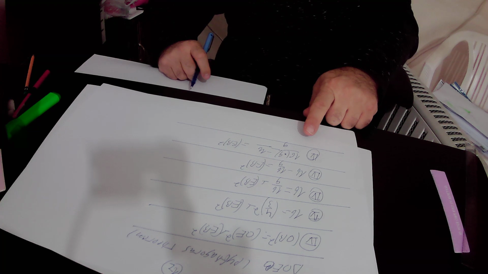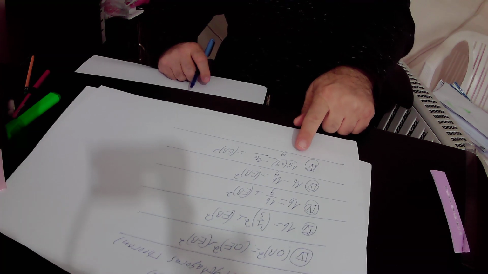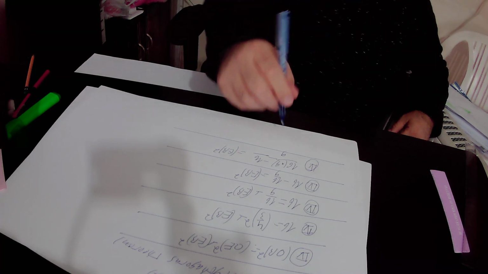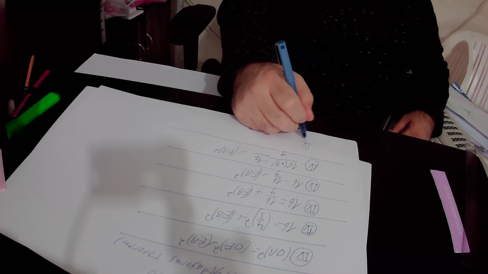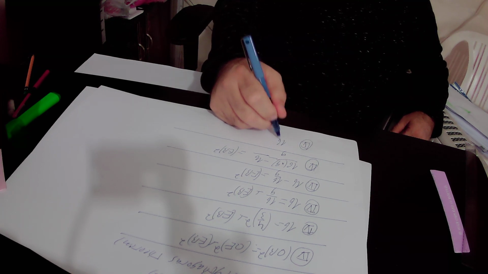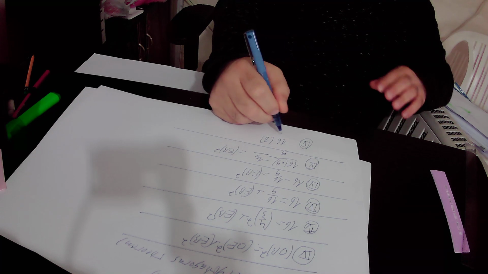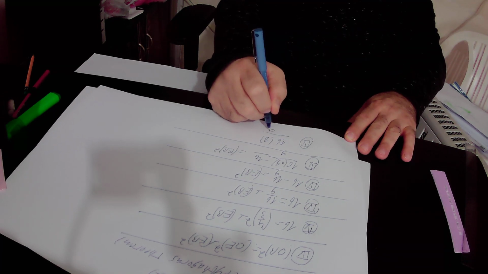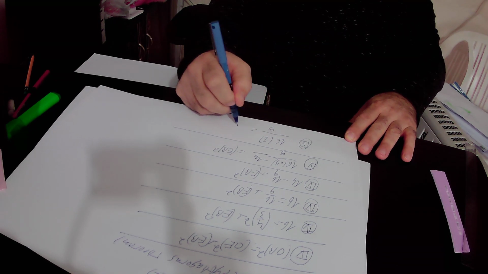Here 16 times 9 minus 16 is 16 times 8, so we'll get 16 times 8 over 9 equals EB squared.